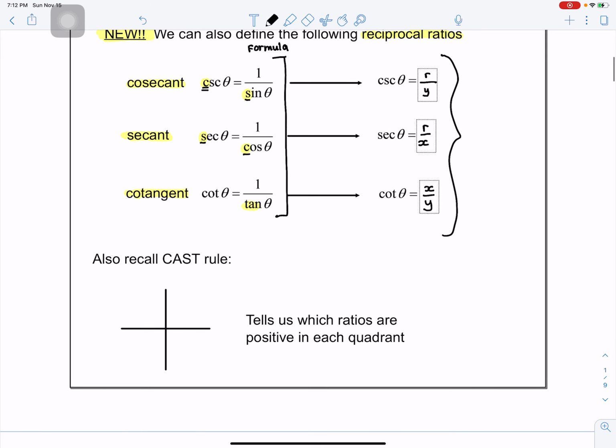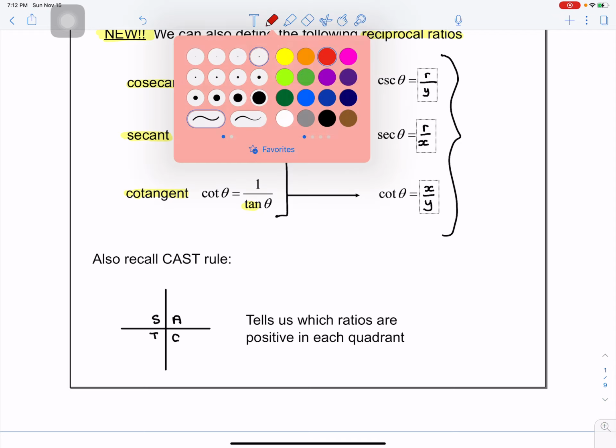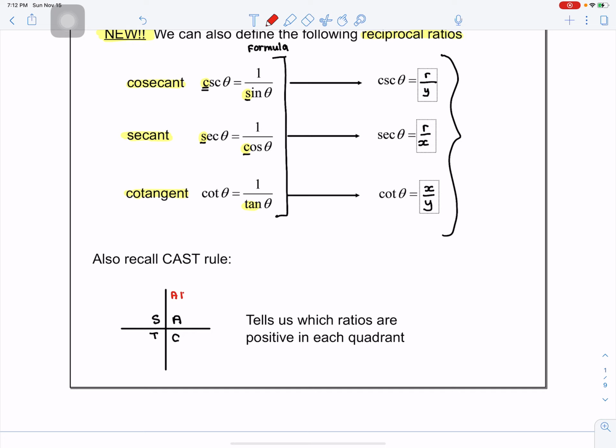Also from 20-1, you had to have remembered the CAST rule. What the CAST rule tells you is which ratios are positive in which quadrants. So this is telling me all ratios are positive. This one is telling me that only the sine ratio is positive. But because cosecant is the reciprocal of sine, cosecant would also be positive. But that's sort of a secondary step.